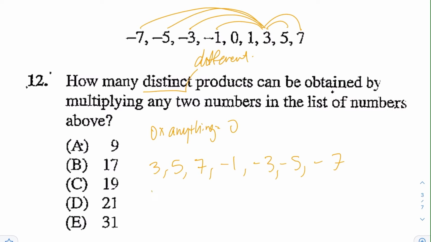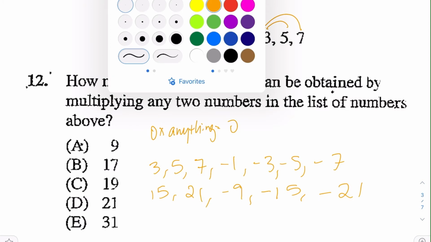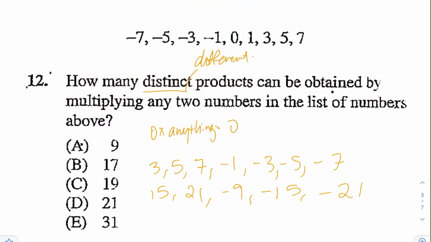So 3 and 5 is 15, 3 and 7 is 21. And then you have -3, which you actually have already. But you still have the 3 times -3, which is -9, and then -15, and then -21. Then you do the same thing for the 5s.